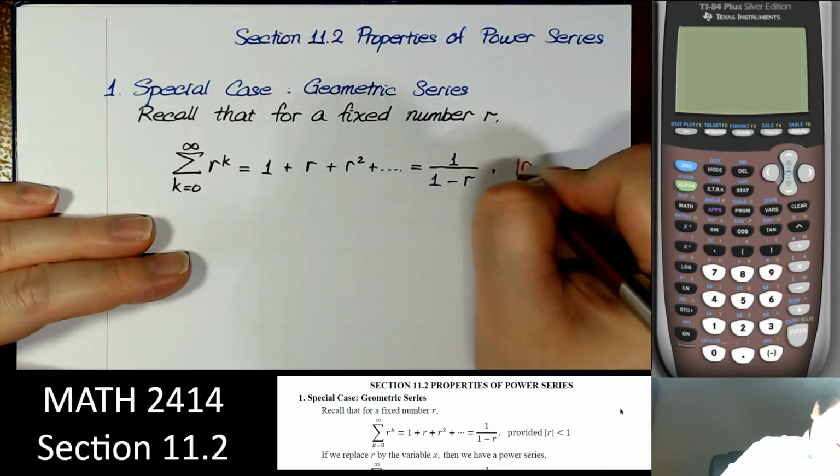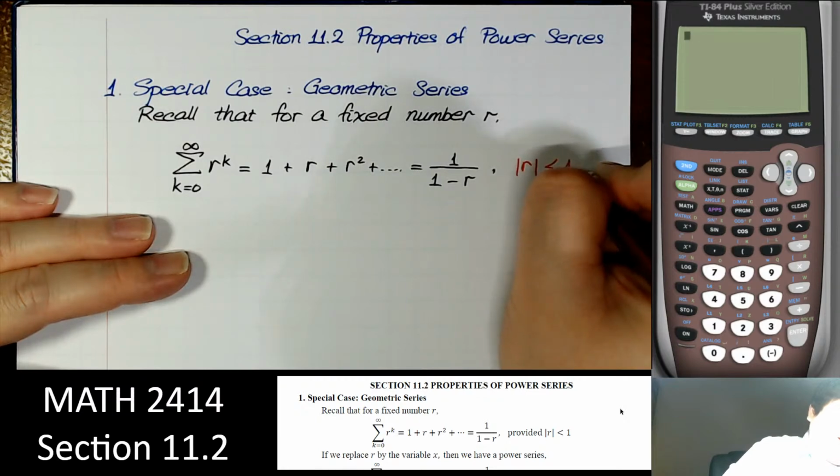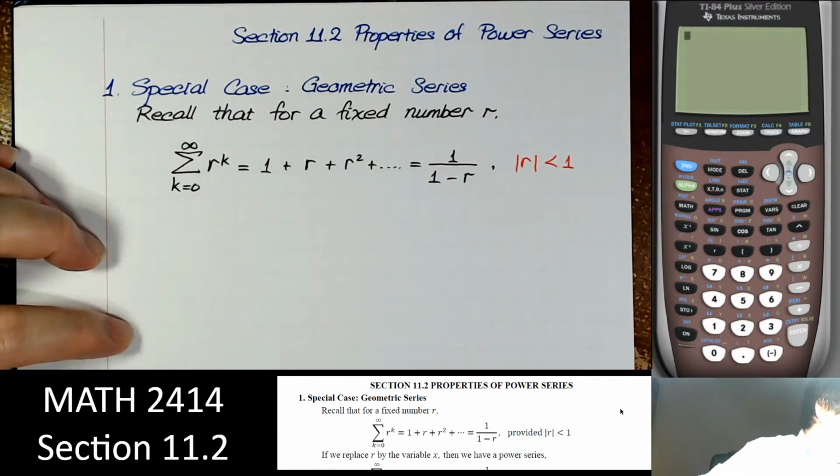The ratio has to be between -1 and 1, or we say the absolute value of R is less than 1.